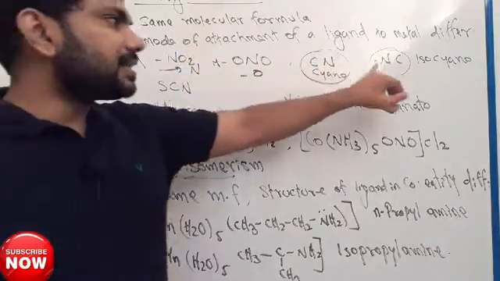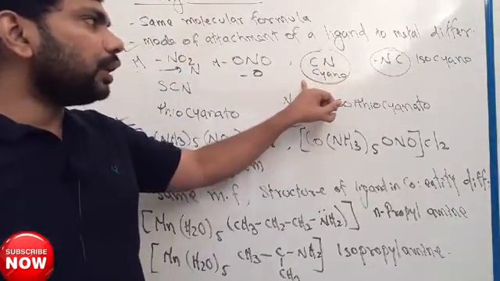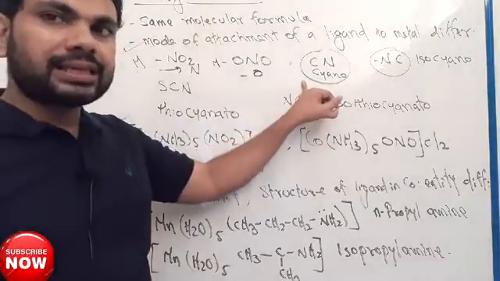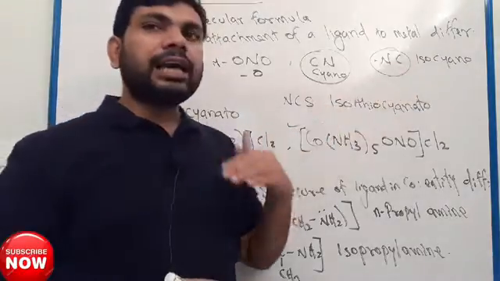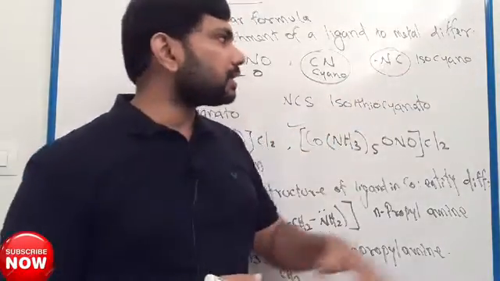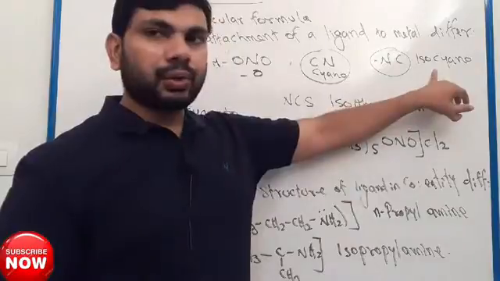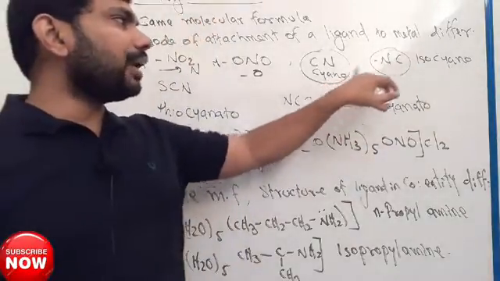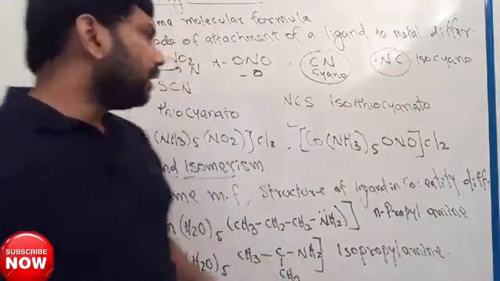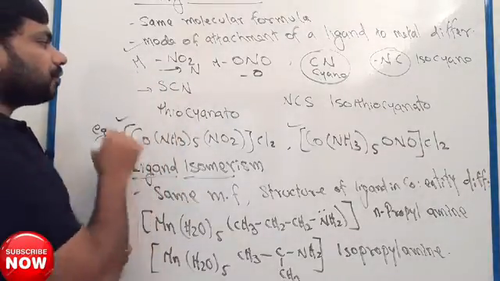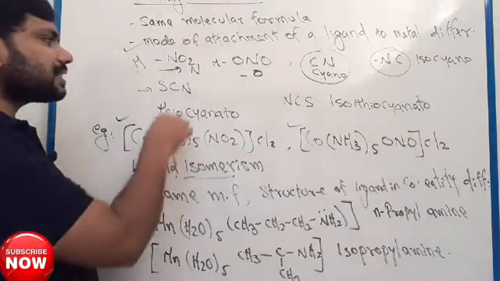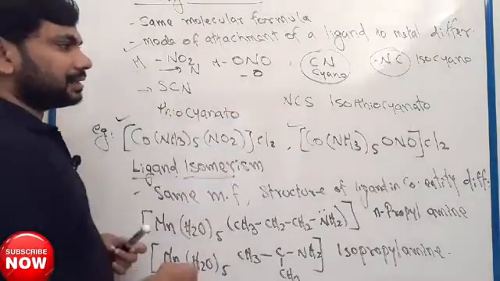CN and NC. If there is CN, we know it is cyano. NC means nitrogen is directly attached to the central metal atom, it is isocyano. CN cyano, NC isocyano. Look here, this is another type of ambidentate ligand, SCN and NCS.